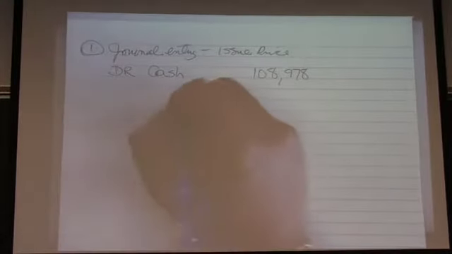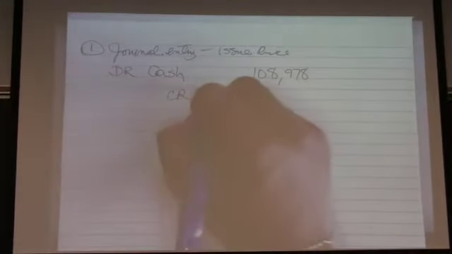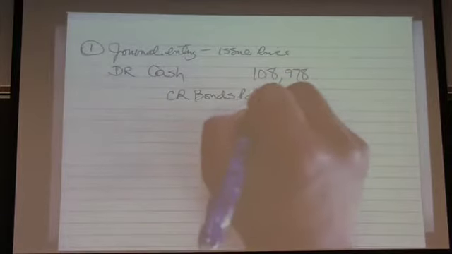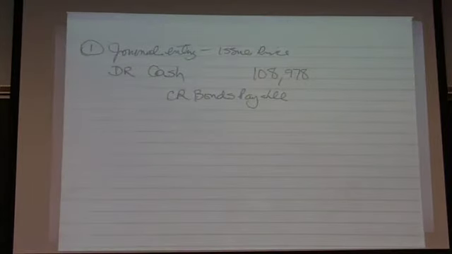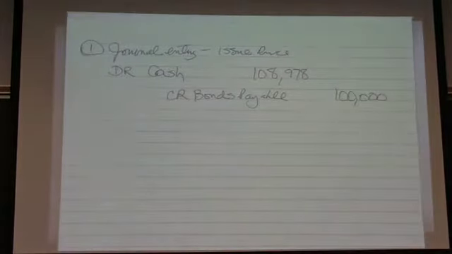Now, for the credit, there's an interesting part here. The credit, first of all, is to the liability account called bonds payable. The bonds payable is always recorded at face value. So we're always going to show the bonds payable at 100,000, because if you remember in our previous scenario A, at the date the bond matures, your final entry is going to be debit bonds payable 100,000, credit cash.